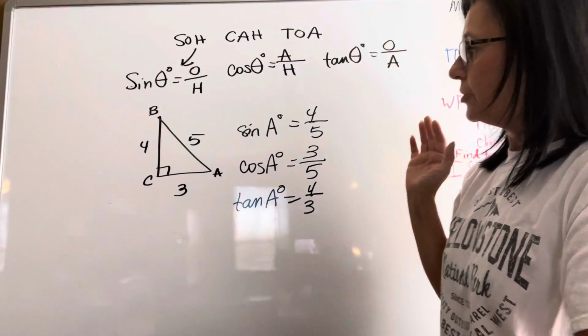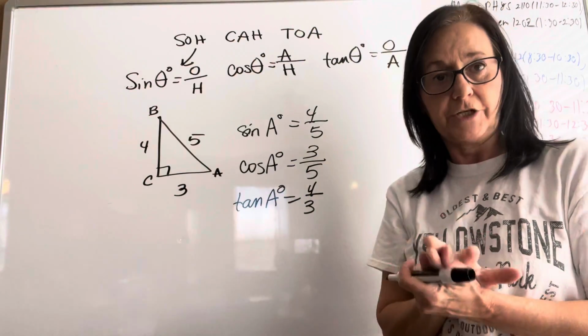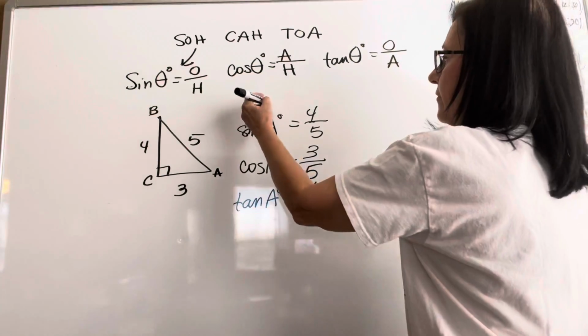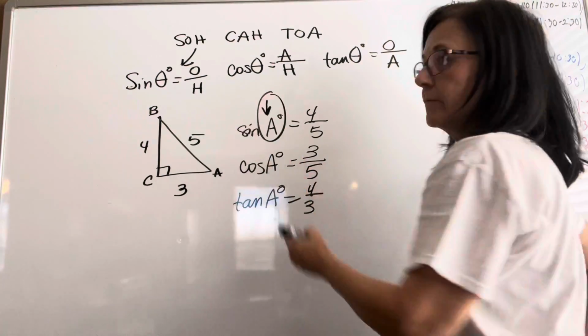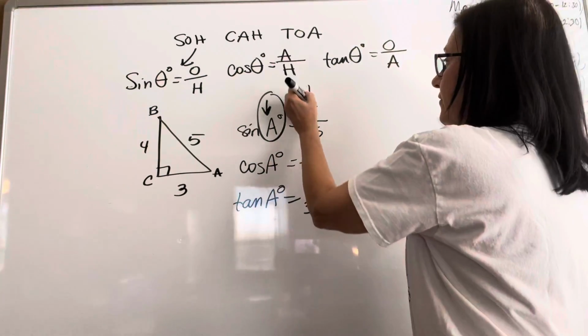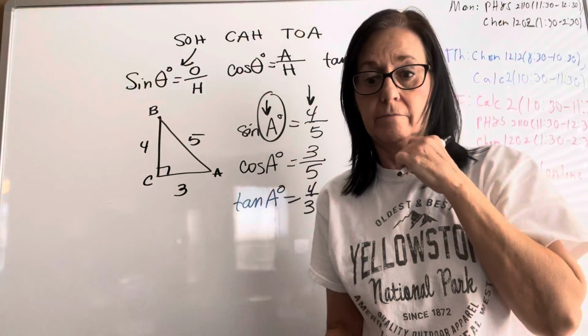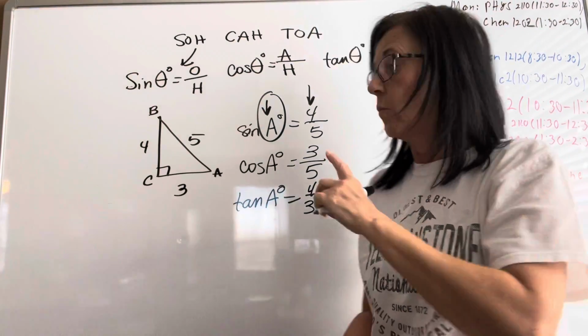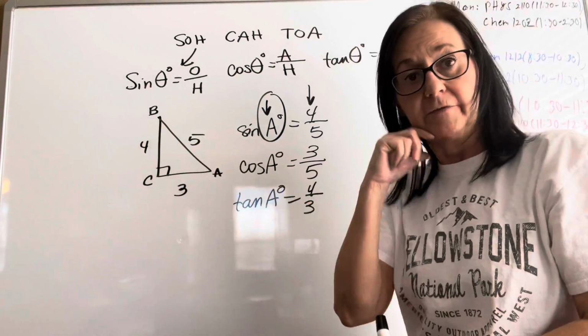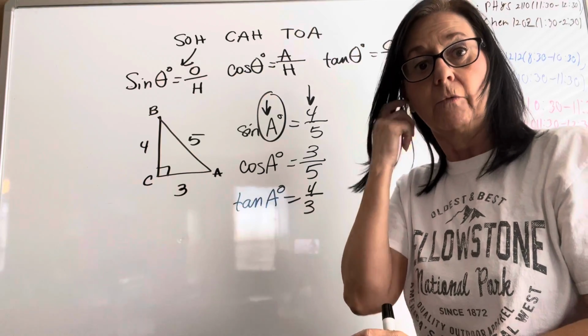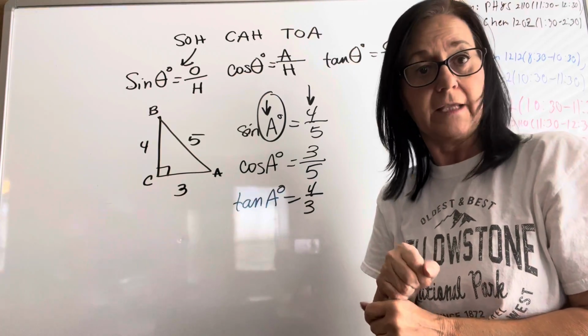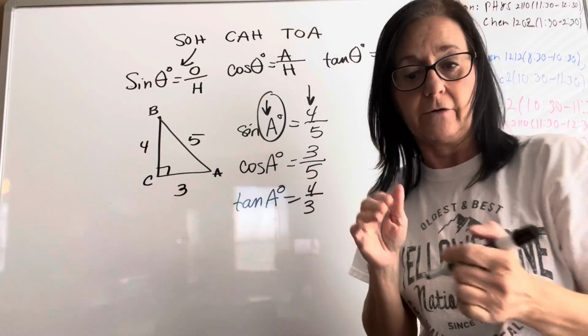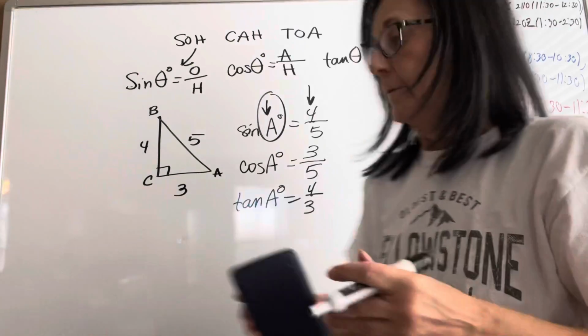Now we can use these trig ratios to either solve for an angle or solve for the length of a side. All right, so we have this 3, 4, 5 triangle. We know it's a Pythagorean triple, but we don't know what the measures of the angles are.